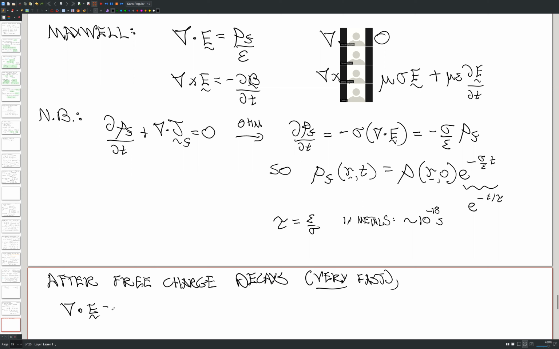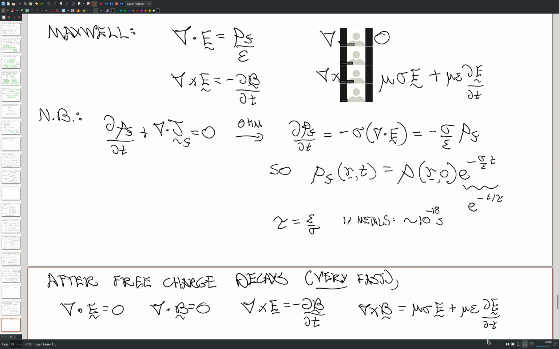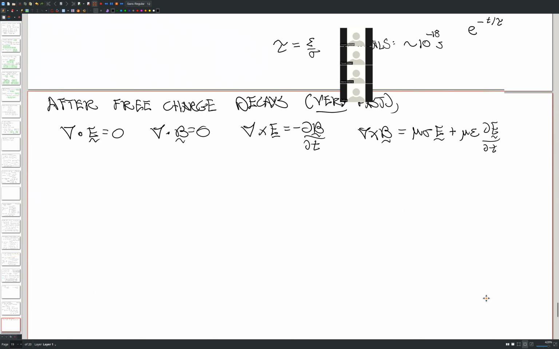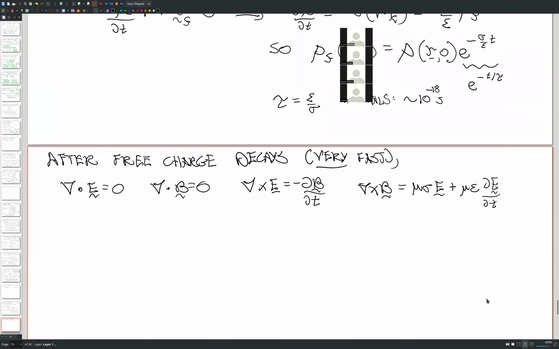Div E is equal to 0, div B is equal to 0, Faraday, and then Ampere-Maxwell, which just tells us mu sigma E in this case, plus mu epsilon dE/dt. Okay, so these are the equations that effectively describe the propagation of the electromagnetic fields inside a conductor when things bounce around very, very quickly.